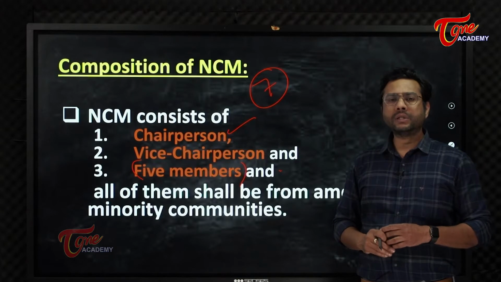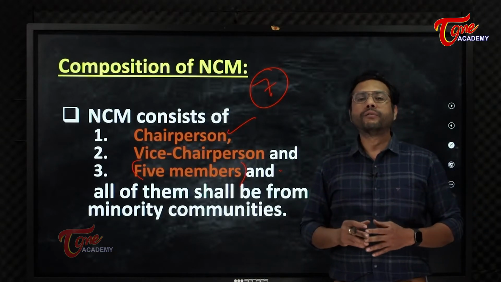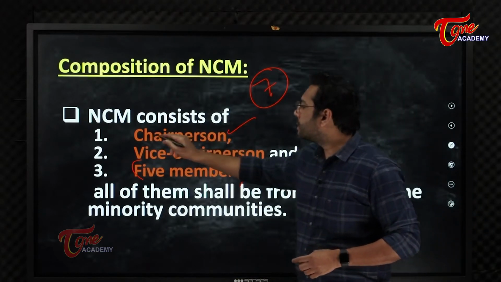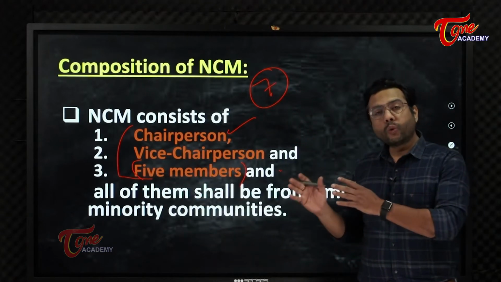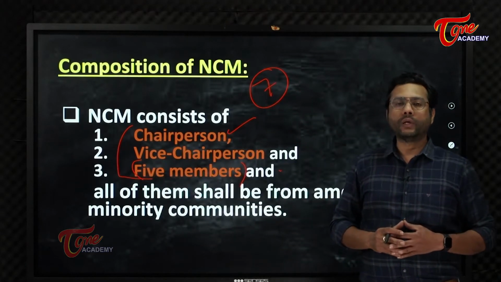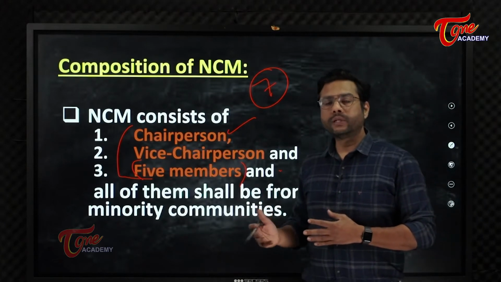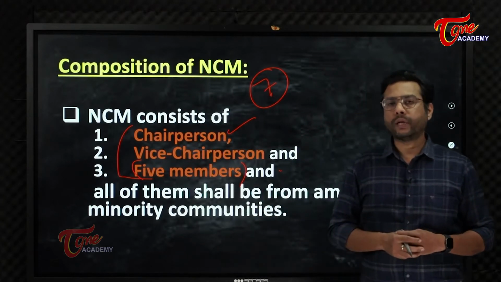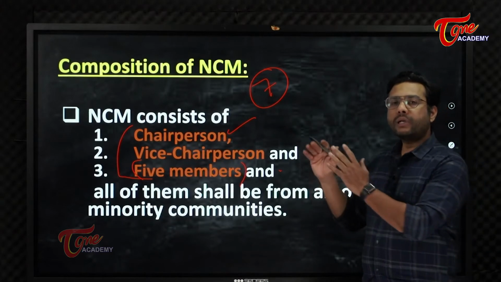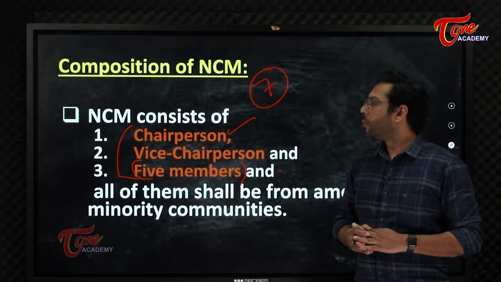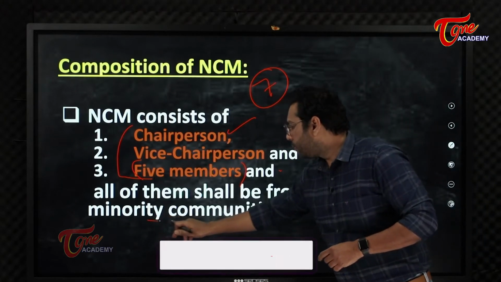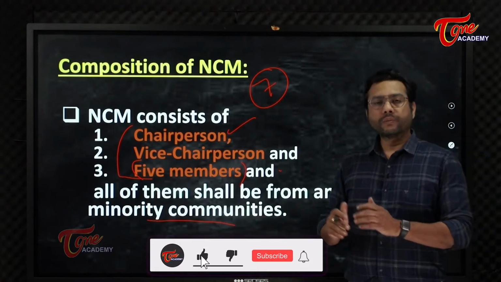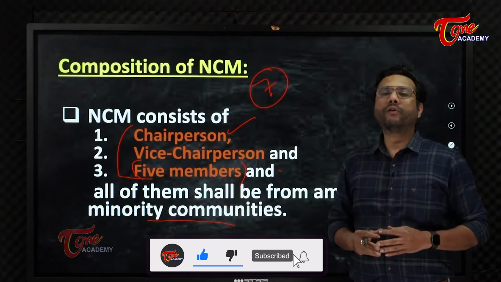All these members have to be from those minority groups only. Depending upon the proportion of their population, the National Commission for Minorities will be composed of people from the minority communities only, because the commission works for the welfare of the minorities.